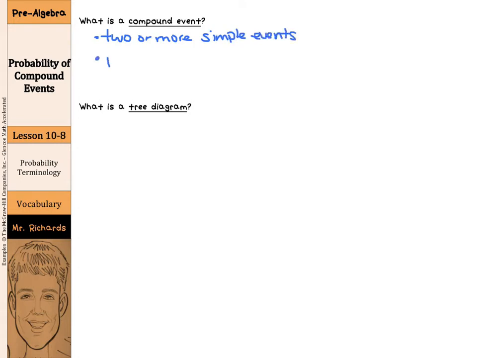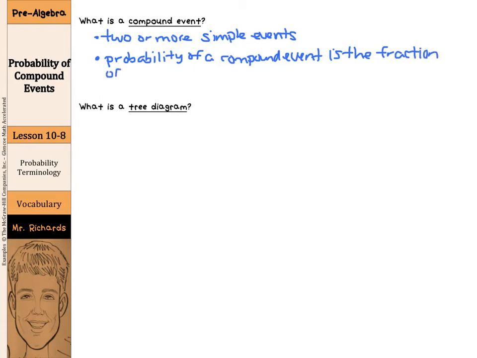Now, the probability of a compound event is the fraction of outcomes in the sample space for which the compound event occurs.